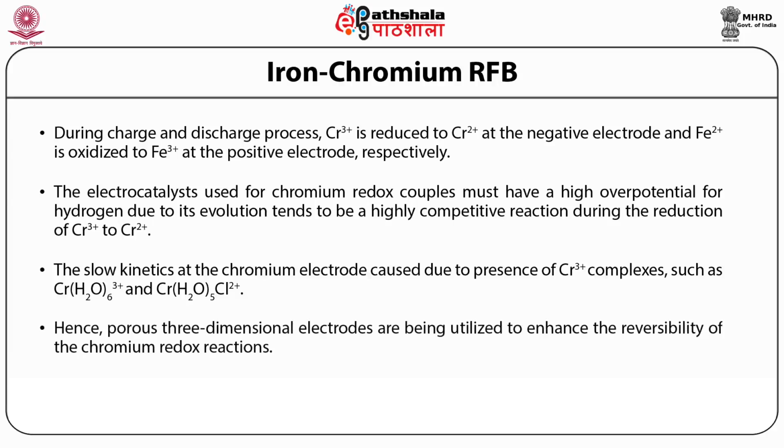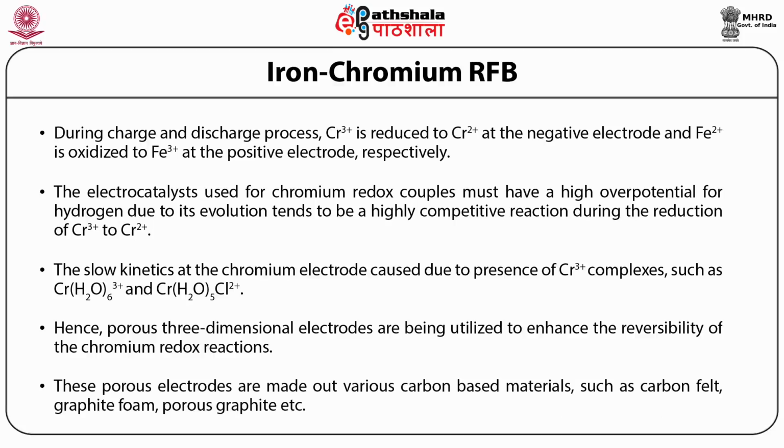Hence, porous three-dimensional electrodes are being utilized to enhance the reversibility of the chromium redox reactions. These porous electrodes are made out of various carbon-based materials such as carbon felt, graphite foam, porous graphite, etc.